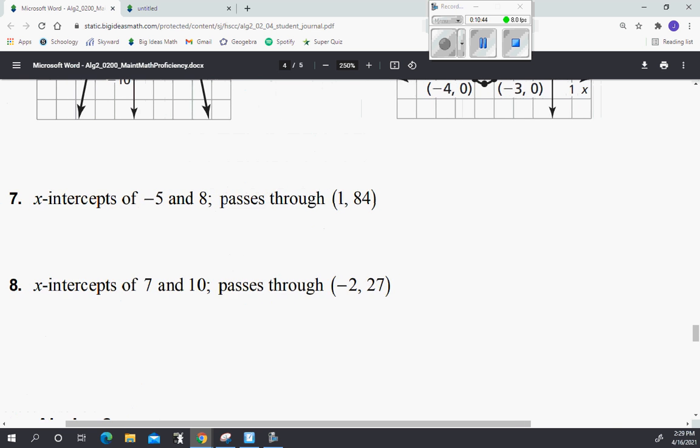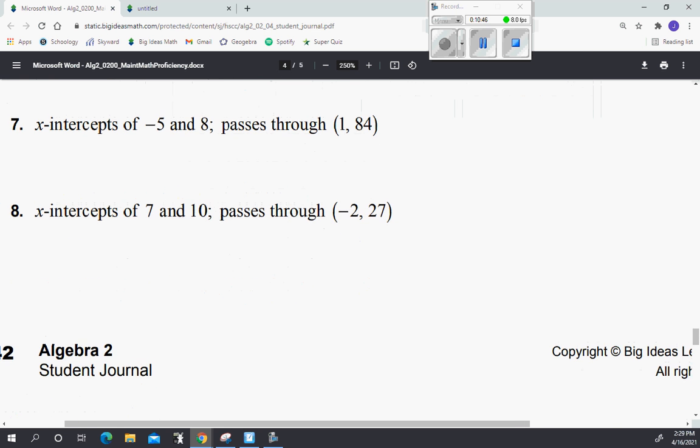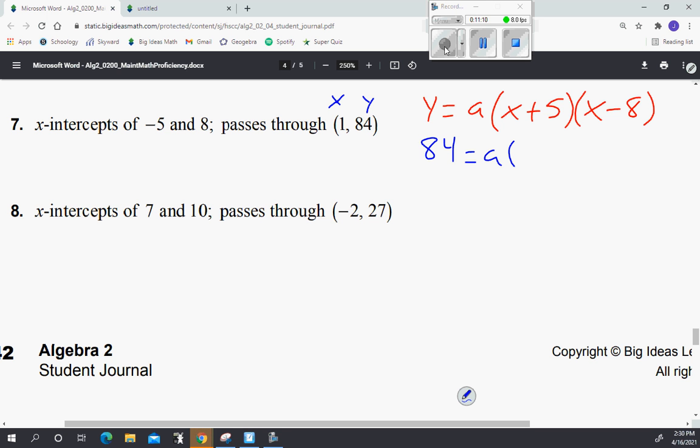I'll do one example here, and then leave the last one. So we have x-intercepts of -5 and 8, so I have y equals a times x plus 5 times x minus 8. Then it passes through 1 and 84, so we have x, we have y. 84 equals a times 1 plus 5 times 1 minus 8.